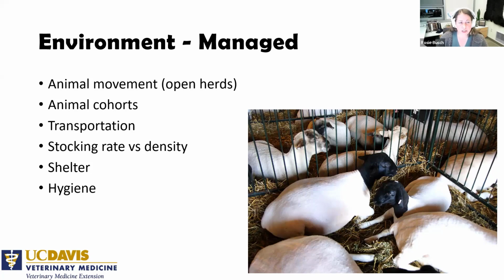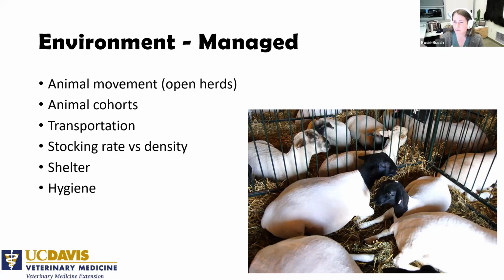And then transportation, there's a lot of resources on low stress handling and transportation, and then stocking rate and density. I think it's important to understand the difference between those two things. Stocking density is literally the concentration of animals within a space.